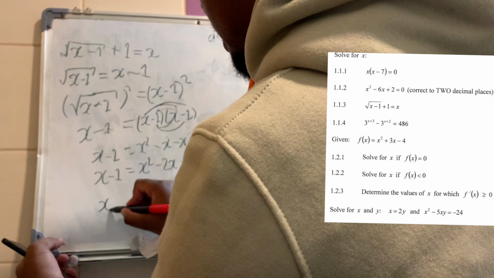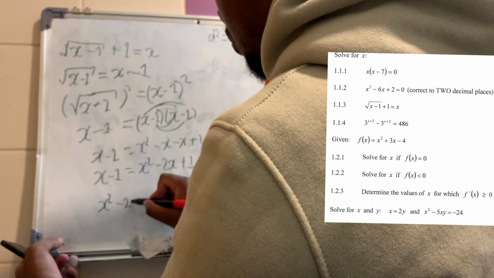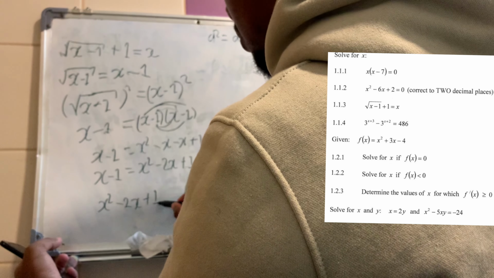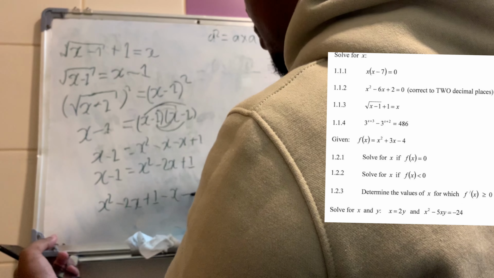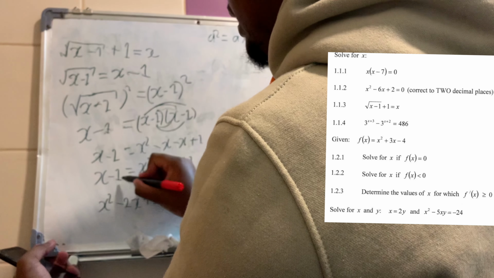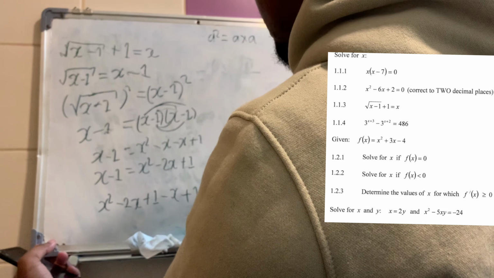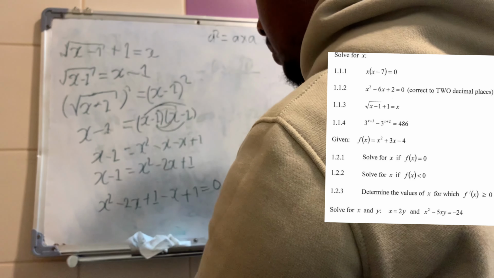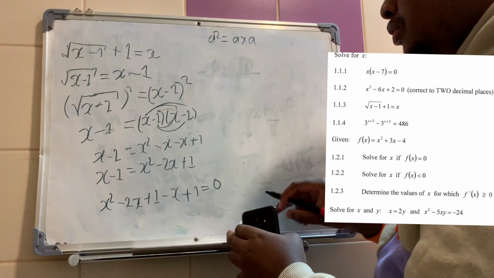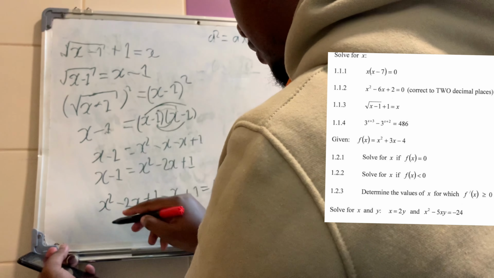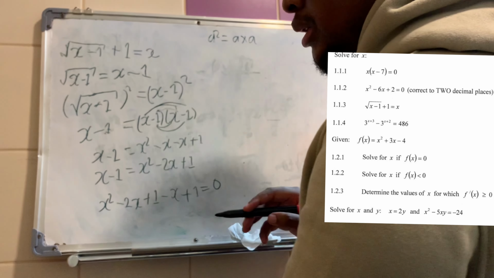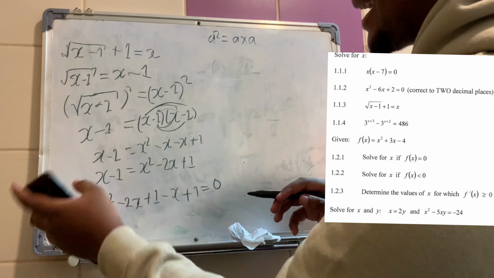Now you take all this: x squared minus 2x plus 1 minus x, because it is negative, plus 1, because 1 was positive on the other side. Then you equate everything to 0. Here, what do you call like terms?